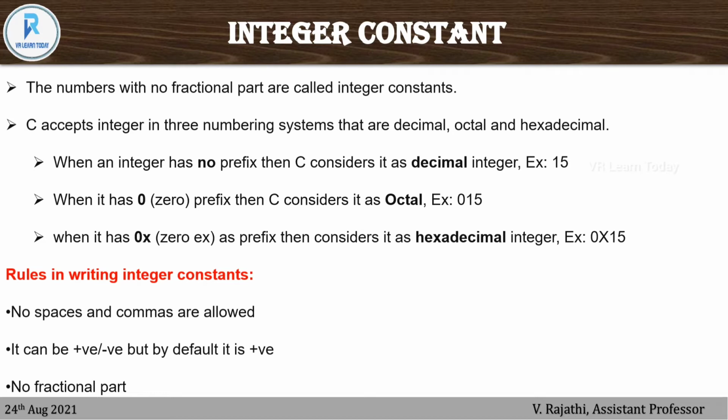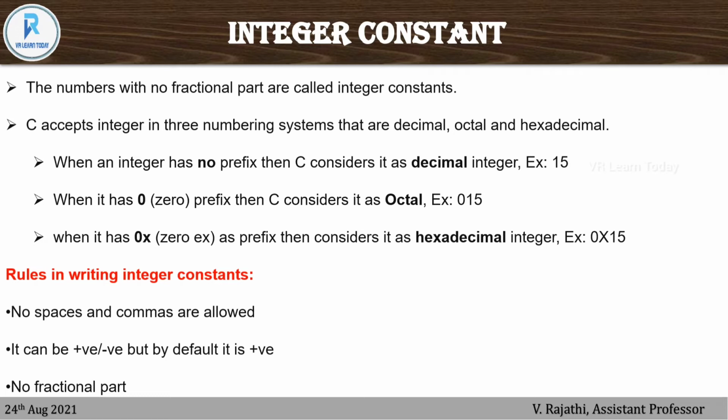When it has a 0 prefix, then C considers it as octal, for example 015. So 0 is the prefix we have, and this is called an octal number. When it has 0x as a prefix, then it is considered a hexadecimal integer, for example 0x15. This is a hexadecimal value.